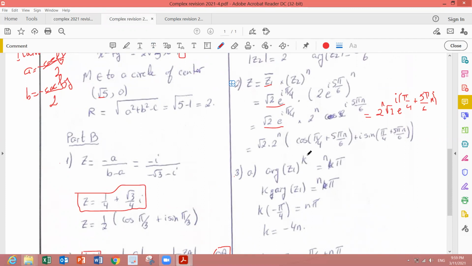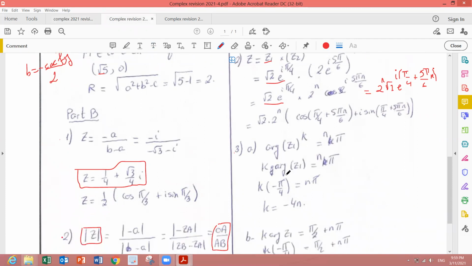Since we have k, k times the argument of z1 equals m pi. The argument of z1 is minus pi over 4, equal to m pi. So k equals minus 4m. So k is a multiple of 4, we can say.